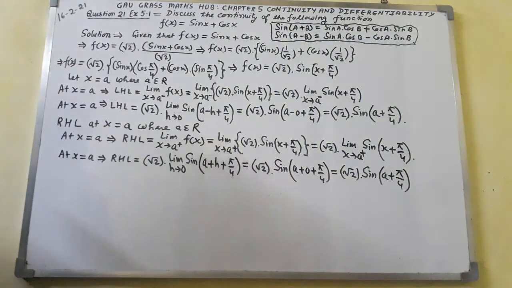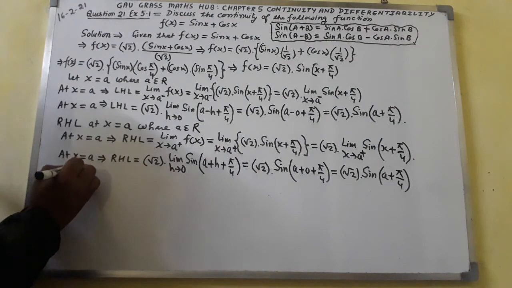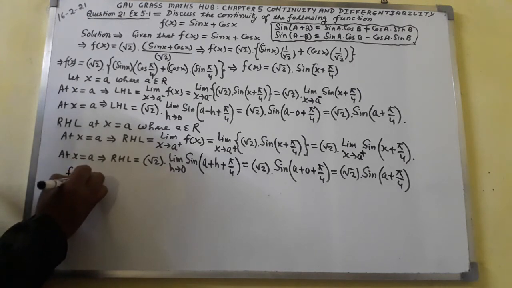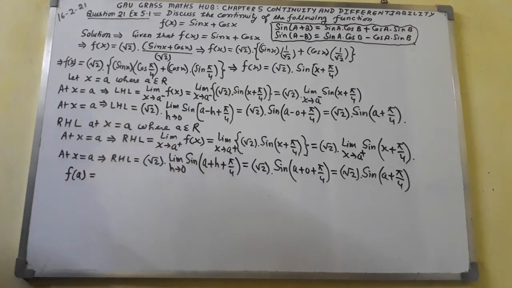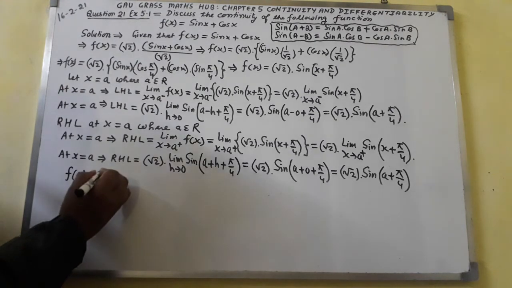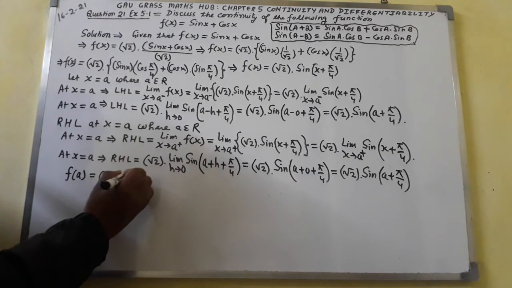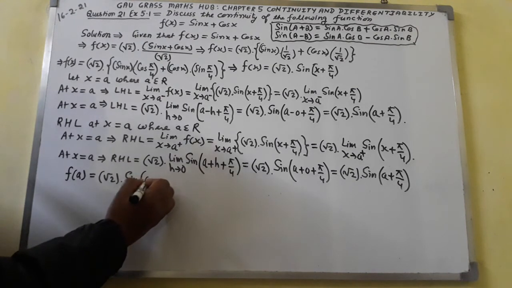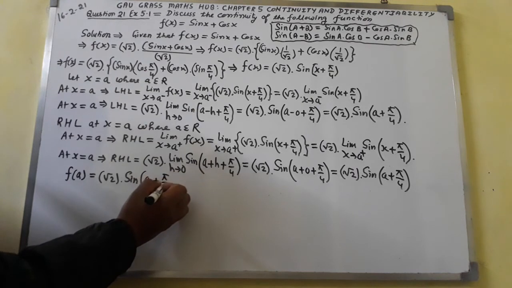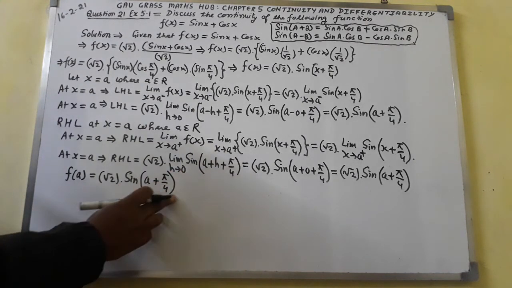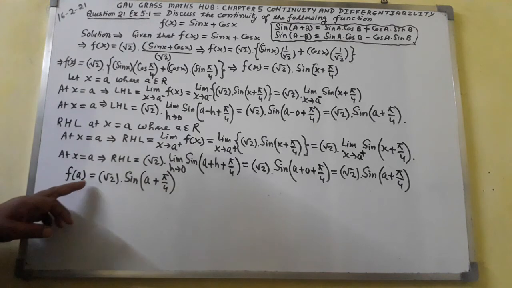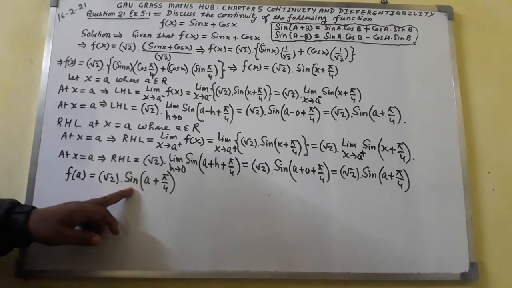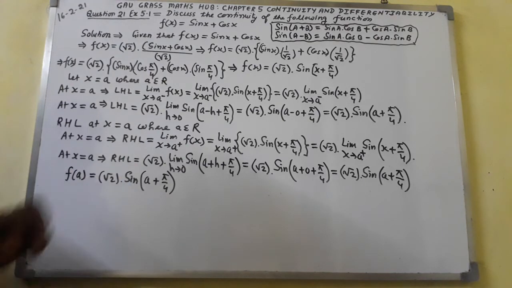And now again I shall find out f of a. So here I shall write f of a. f of a equal to under root 2 dot sin, in place of x I shall write a plus pi by 4. f of a equal to under root 2 dot sin in bracket a plus pi by 4.